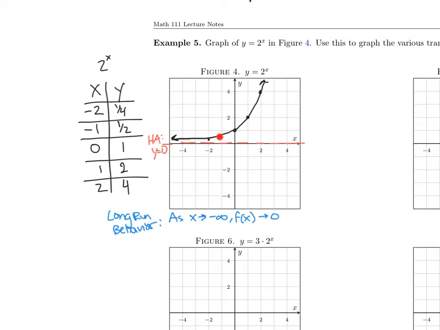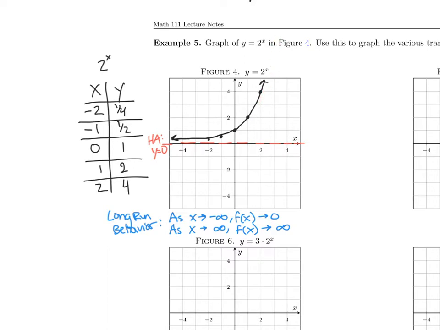We can see right here that as our x values become more negative, the y value gets really close to 0, but not quite. And then as x goes to positive infinity, f of x also goes to positive infinity because it's going up. As our x values are getting bigger, our y values are also getting bigger.